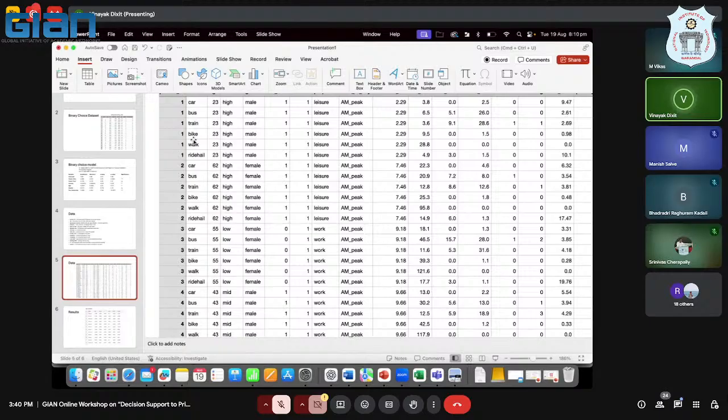So we'll say, please run a nested logit model where we explicitly say that the nests are car and ride hail in brackets, bus and train in brackets, and bike and walk. So I'll try to do that.